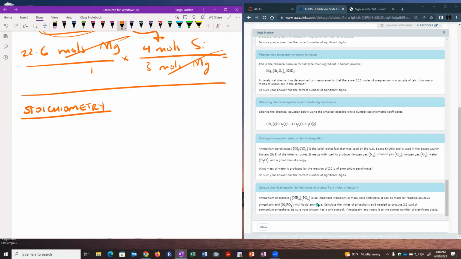It says ammonium phosphate is an important ingredient in many solid fertilizers. It can be made by reacting aqueous phosphoric acid. So if I take the H3PO4 and I react it with ammonia, which by now we'll know as NH3, to make (NH4)3PO4, ammonium phosphate.